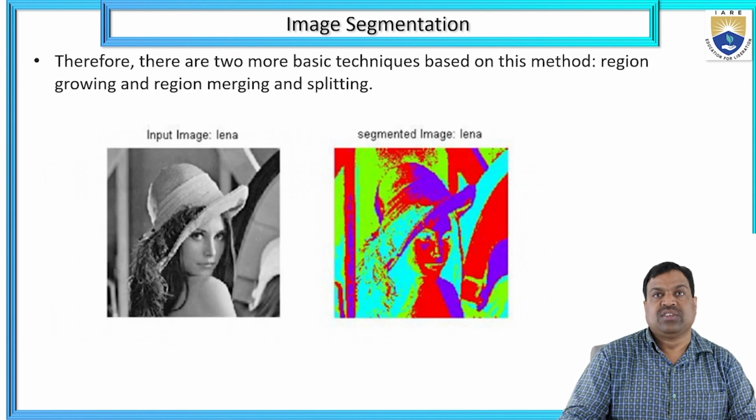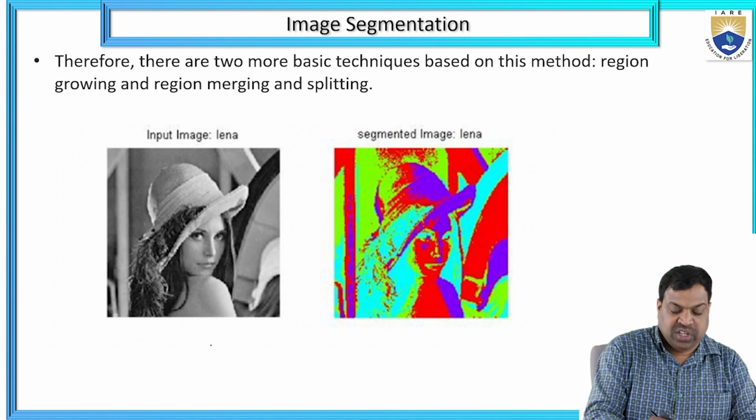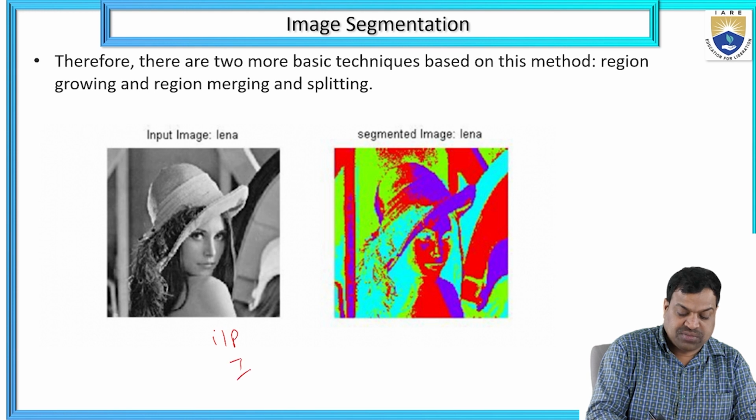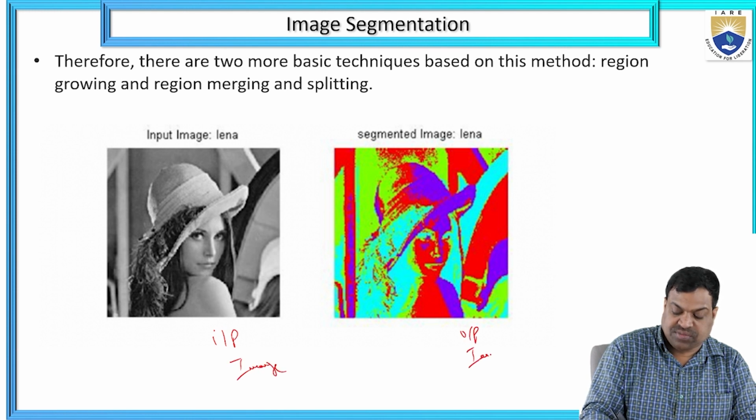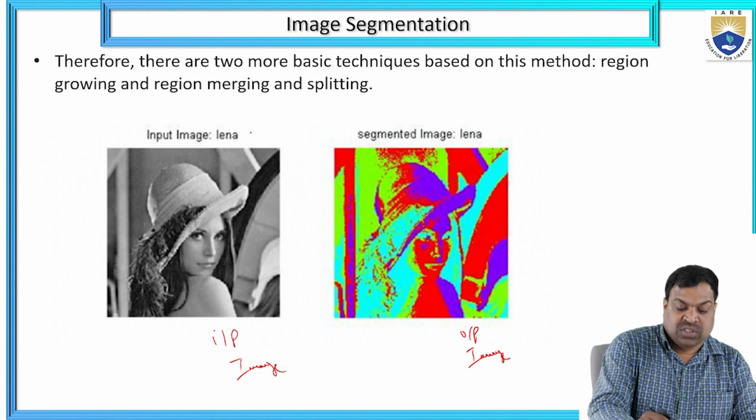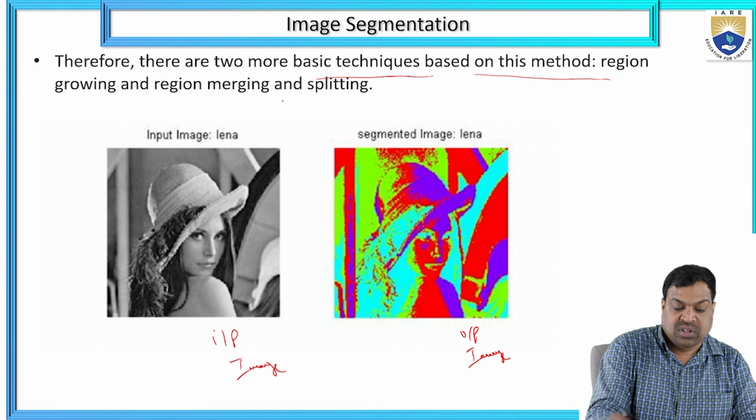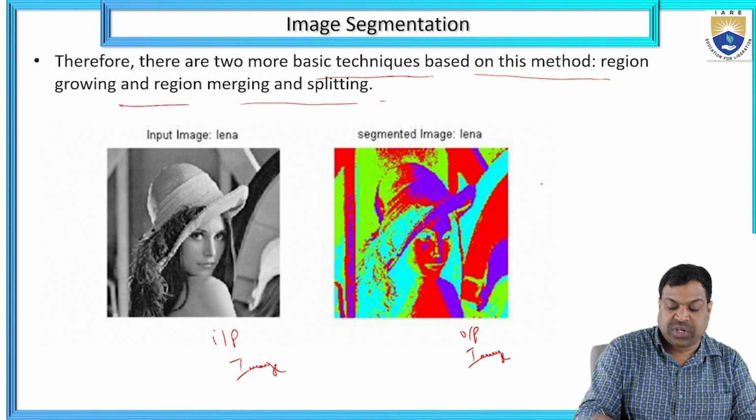There are two basic techniques based on this method: region growing, and region merging and splitting.